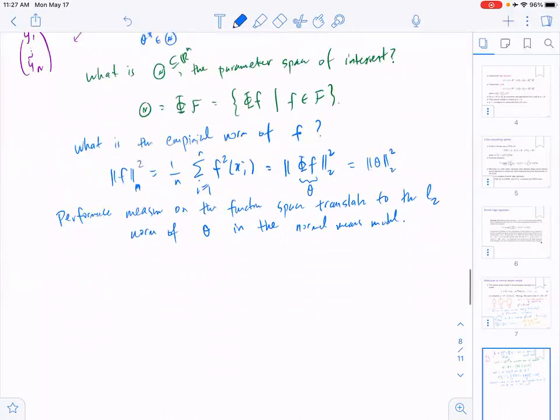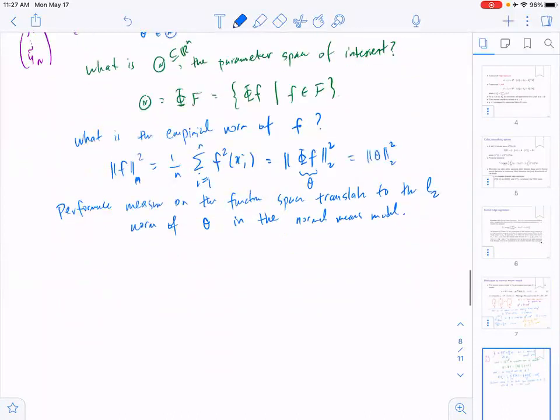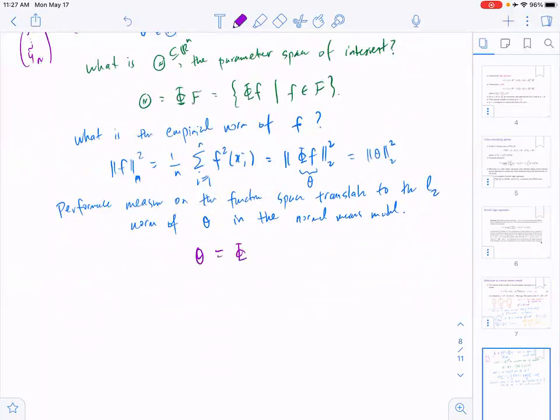The key relation is this: theta is equal to phi of f, which is 1 over root n times f of x_1 up to f of x_n.